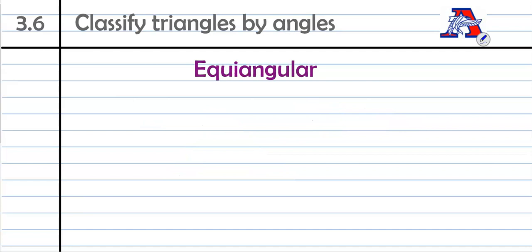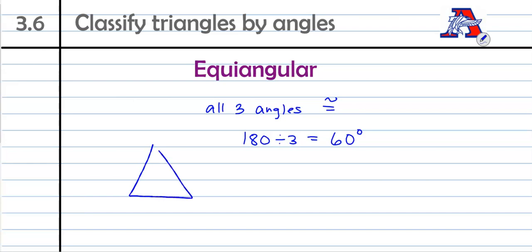Equiangular. An equiangular triangle is going to have all 3 angles congruent. If we know that every triangle has an interior angle sum of 180 degrees, we can just do 180 divided by 3, and we're going to realize that for a triangle to be equiangular, it's actually going to have 3 60-degree angles.